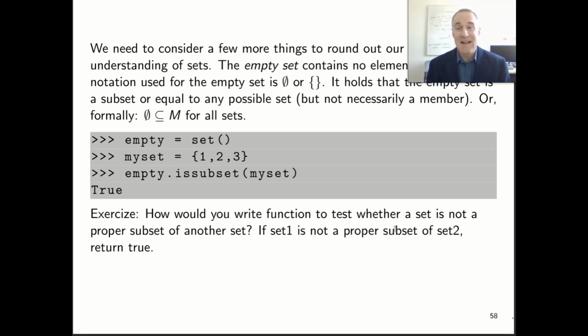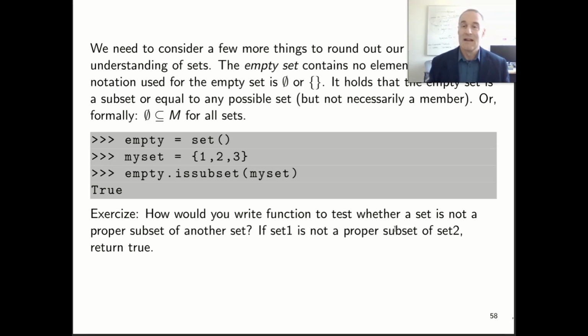Critically, however, it's not a member necessarily of every set, and you can think of that with the notation, right? You have this curly bracket notation of 2, 3, 4. If you take all the elements out, you haven't removed the empty set, you're merely left with the empty set. In order to have the empty set be a member, you'd have to have the empty set symbol, comma, 2, 3, 4.